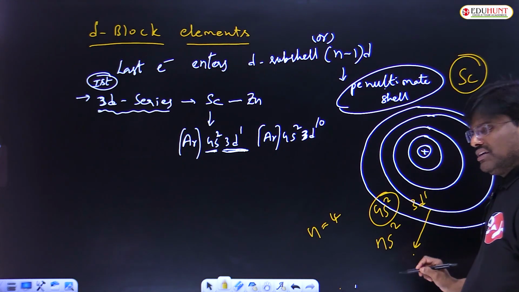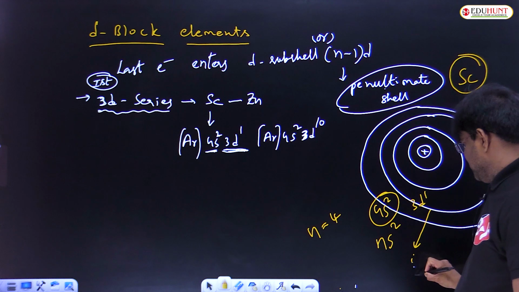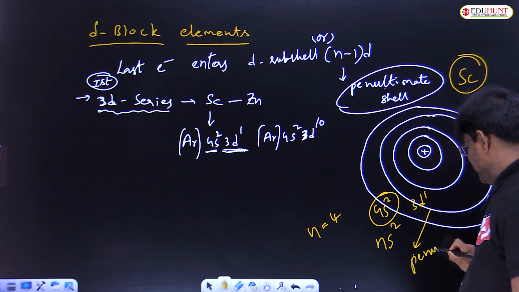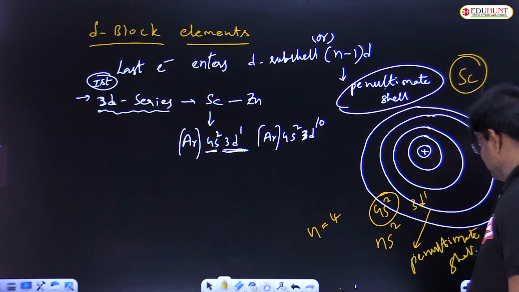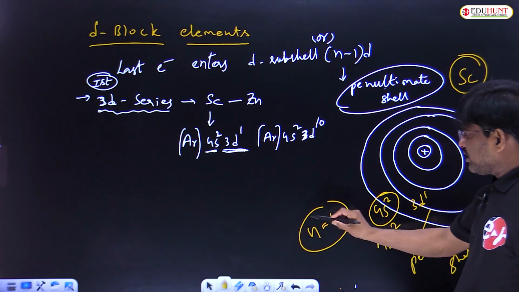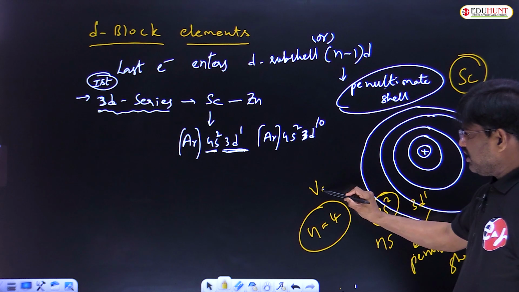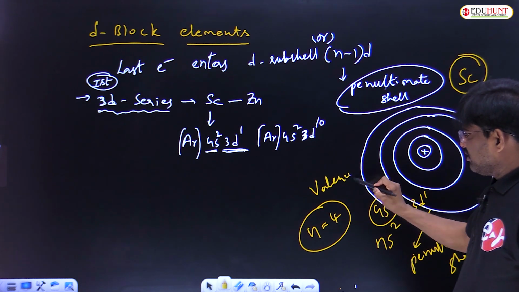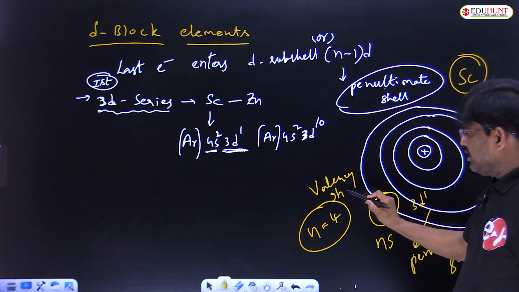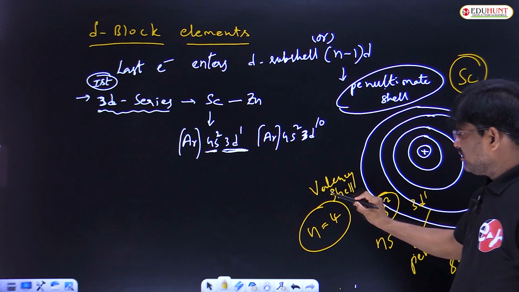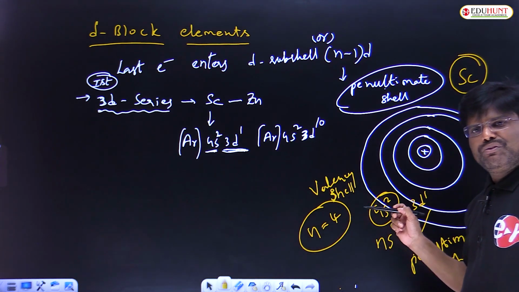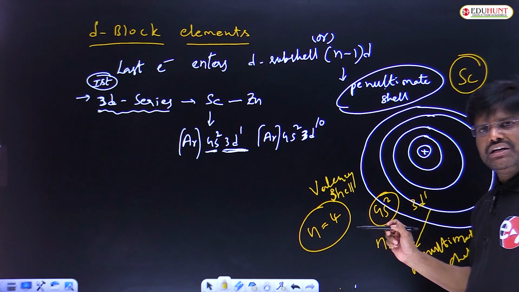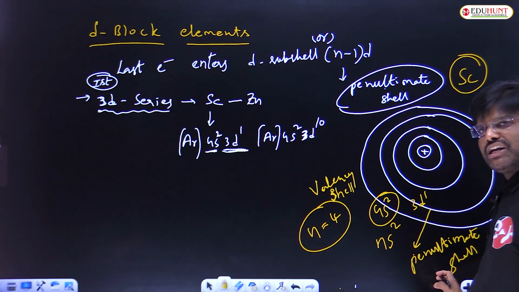The shell present before the valence shell or ultimate shell is called the penultimate shell.